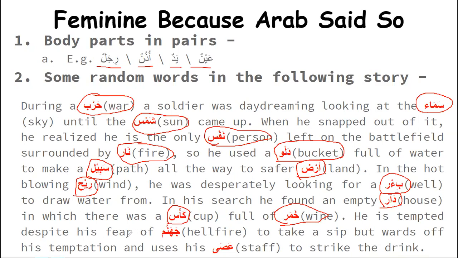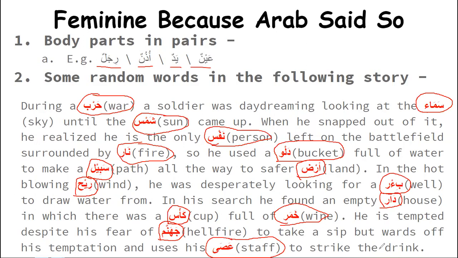He was tempted, but despite that, out of his fear of Jahannam. So Jahannam is feminine, right? Jahannam is feminine. In fear of Jahannam, he wanted to take a sip, but he warded off his temptation and used his asa. Asa means staff. Okay, asa to strike the drink.